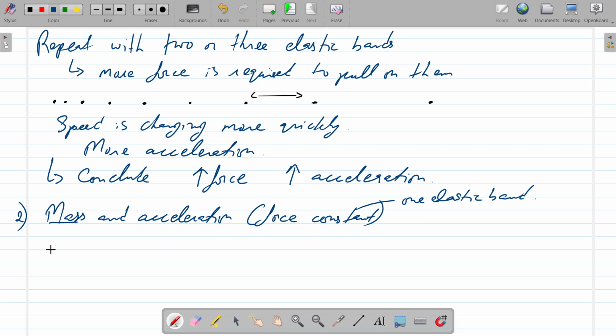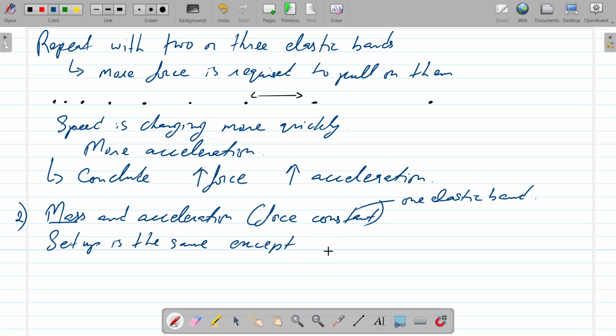What you will do is use different masses. So the setup is the same. The difference is that you're changing masses. So one elastic band, and you will pull it to a certain extension, and that will show how much force you're applying on it.